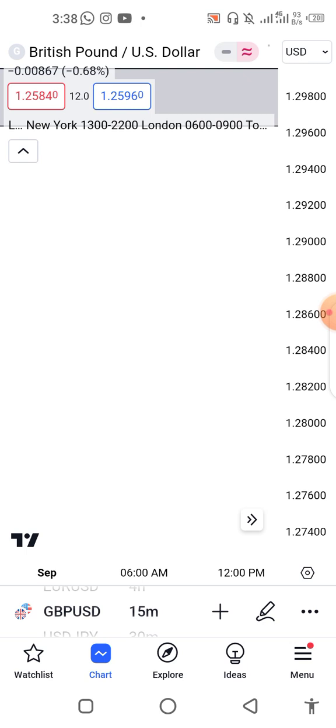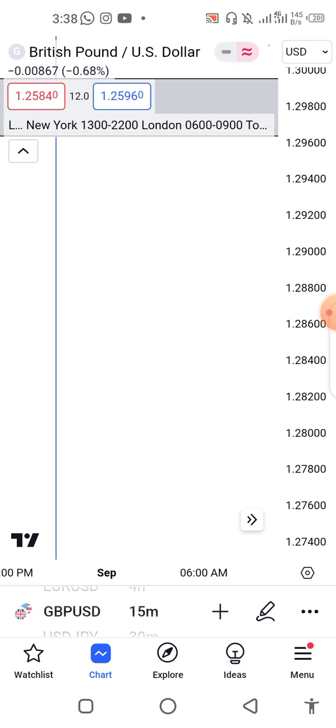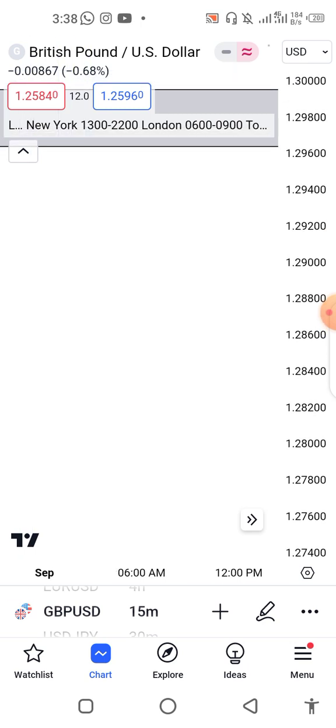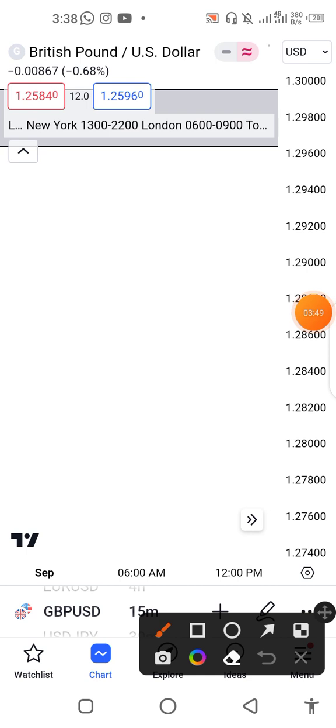So basically there are only two main types of market structure which we are going to discuss today. One, we have what we call the trending market. Take notes.